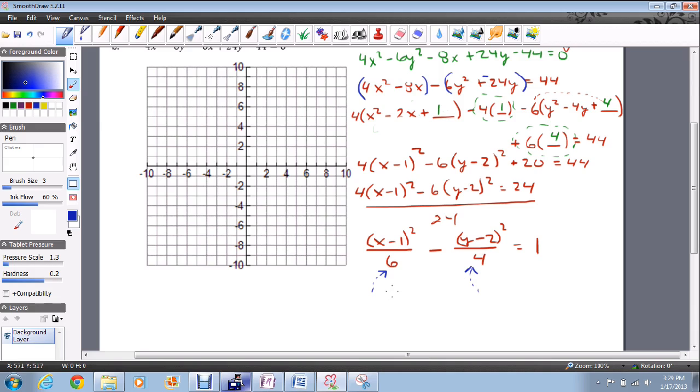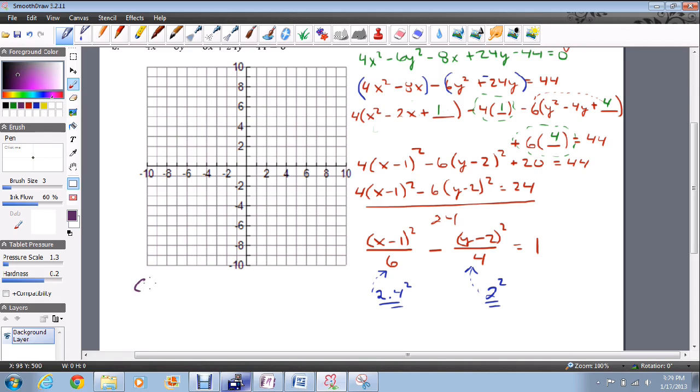Square root of 6 is approximately 2.4. Nothing wrong with a decimal, but we typically don't get that very often. Square root of 4, well, that is a perfect square. That's just 2 squared. So these two numbers are what we're going to use to make the box on our graph after we plot the center point. Okay.